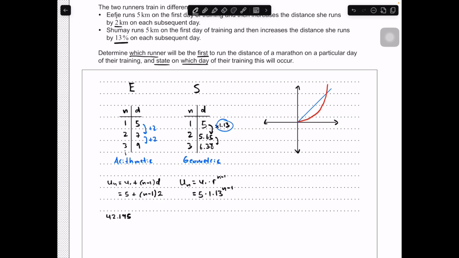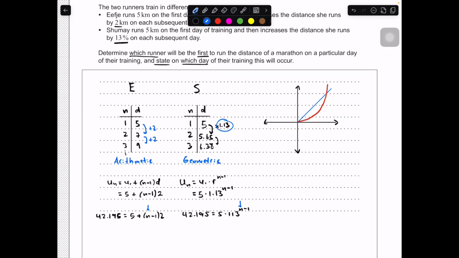42.195 is the goal. And the question is, if this is our sequence, what is the term number that will make that true? That is to say, what is the value of n that will make this true? On what day will this person reach 42.195? We can do something similar for the geometric sequence. When will this person reach 42.195, if this is the formula, with n minus 1?